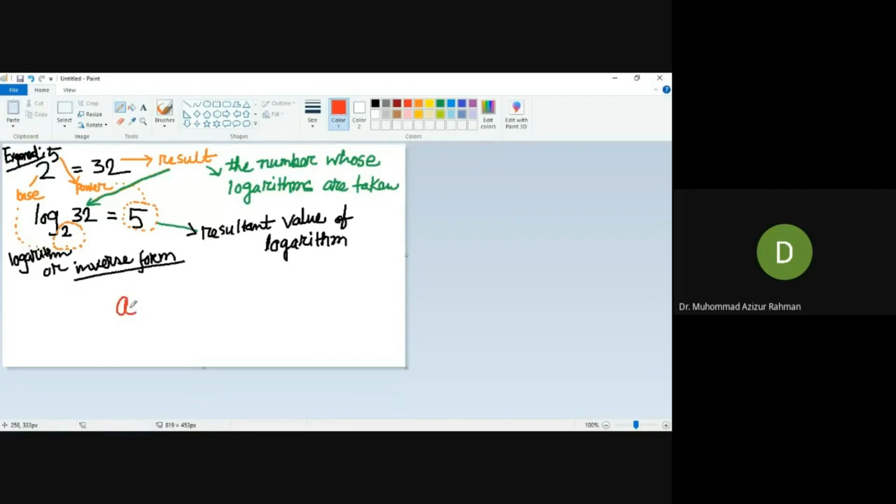Then we can write the logarithm as log base a of x, the result, equals the exponent which was before, n. This is the way to express it.